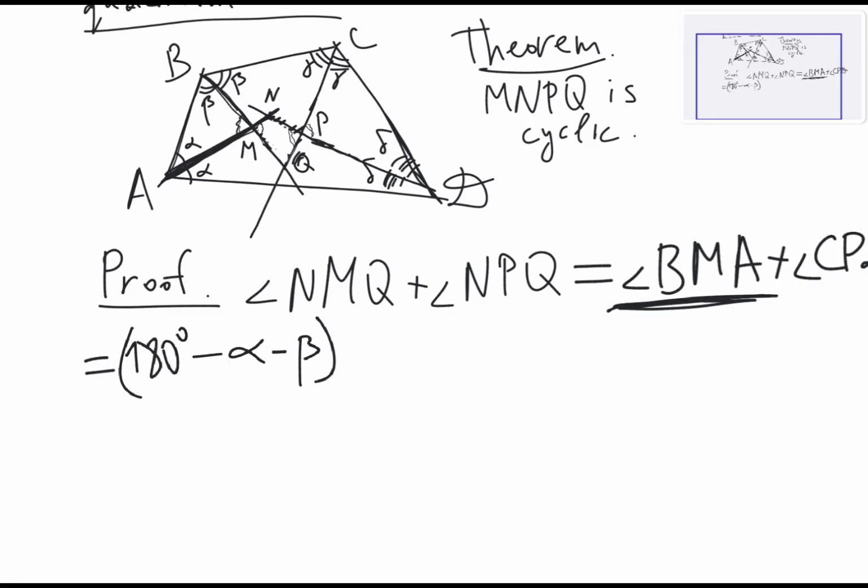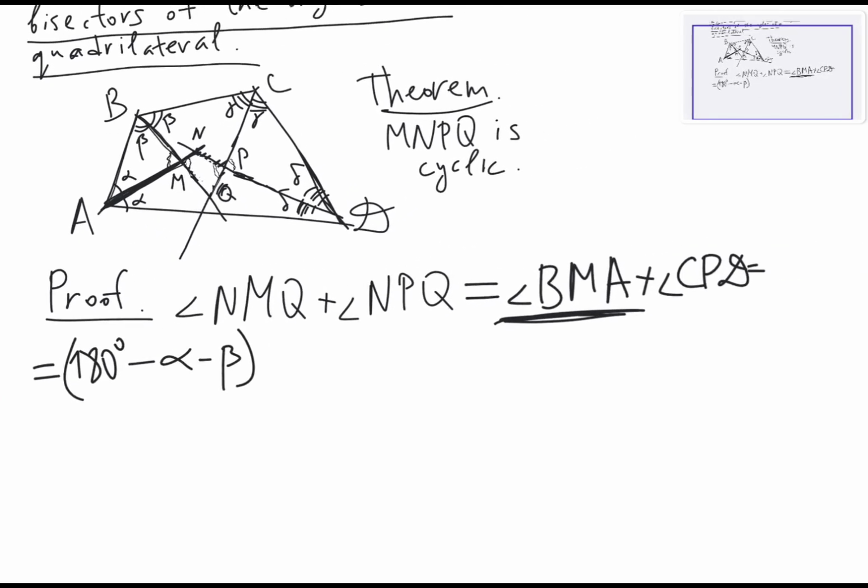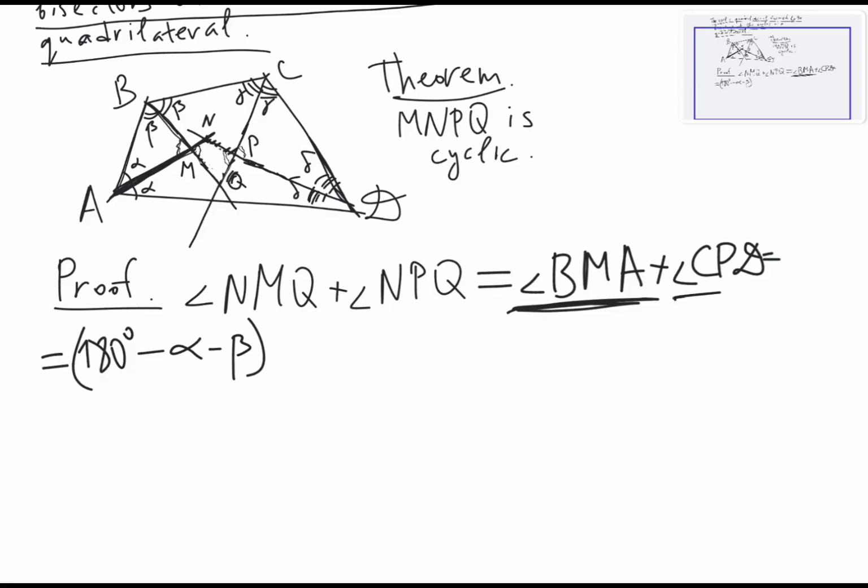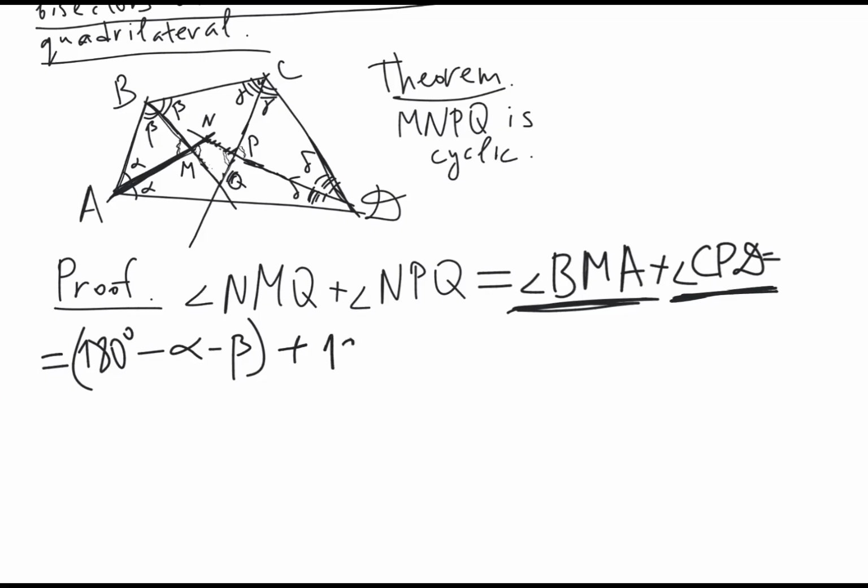So this is BMA, and similarly the angle CPD, using the triangle CPD, is equal to 180 degrees minus gamma minus delta, right?